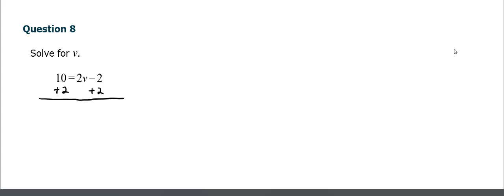So 10 plus 2 is 12, and that equals 2v, because the negative 2 and the positive 2 gives us 0. And now my last step, since I'm solving for a positive 1v, is to divide both sides by positive 2. So 12 divided by 2 is 6. And remember, any value over itself is 1, so that gives me 1v equals 6.